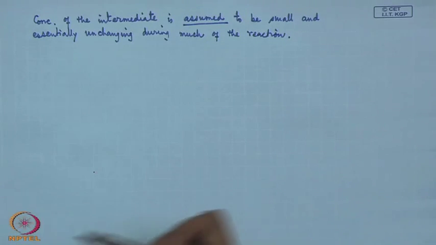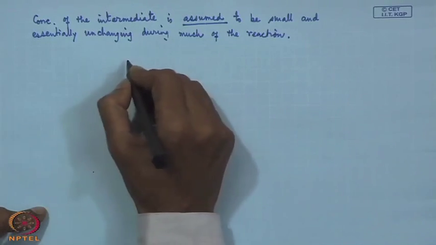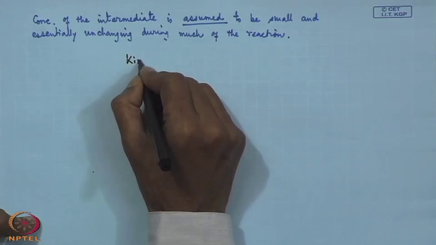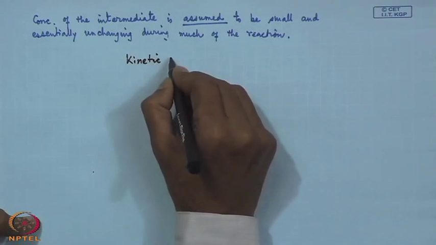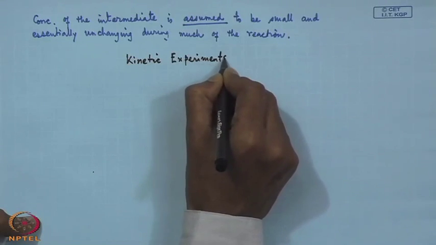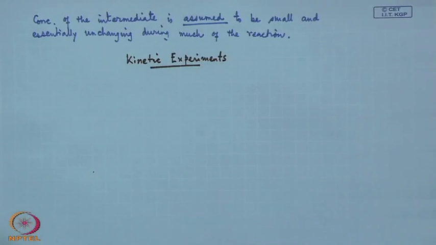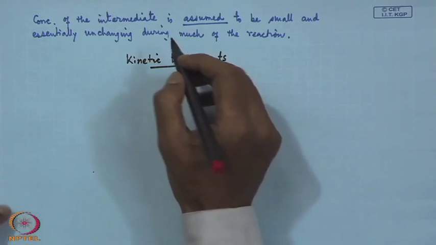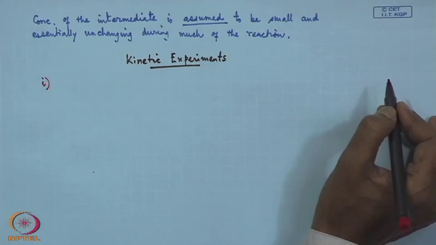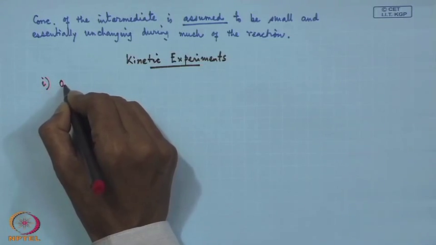So, these are the things, and we can have certain kinetic experiments to get this kinetic data. What are those kinetic experiments? So, we should have certain parameters which can be detected, and in the first case, what we can find out from a particular type of kinetic experiment is the order of the reaction.